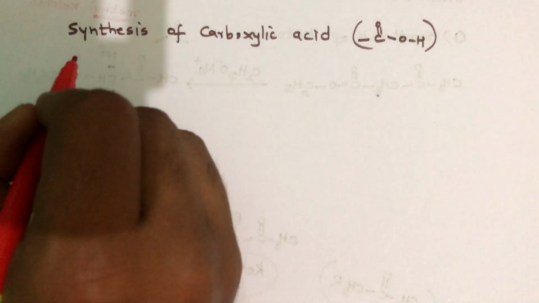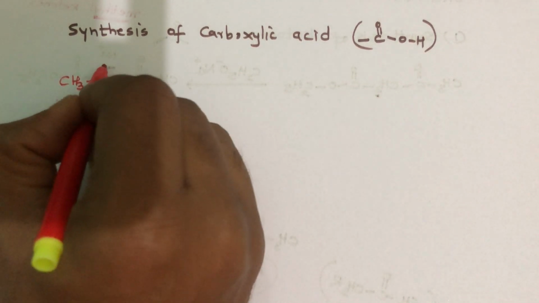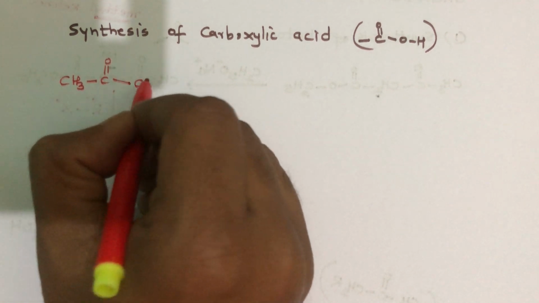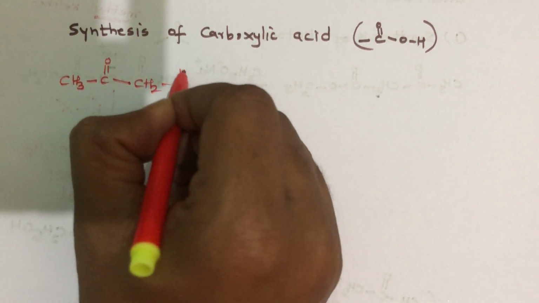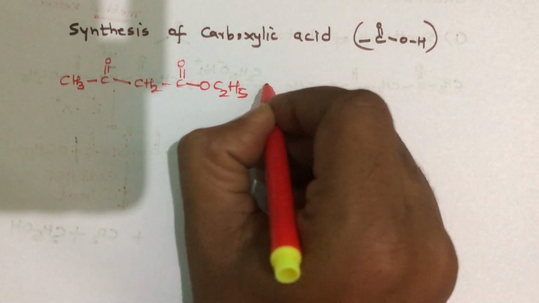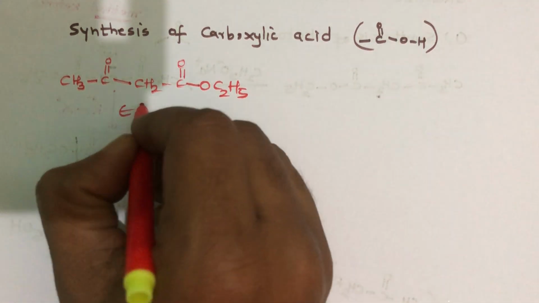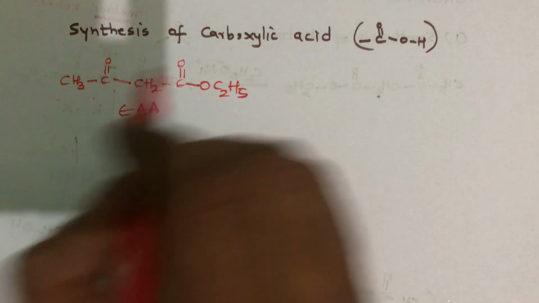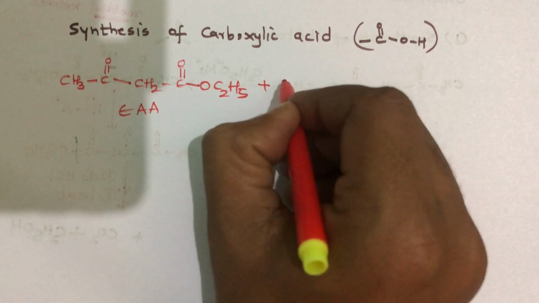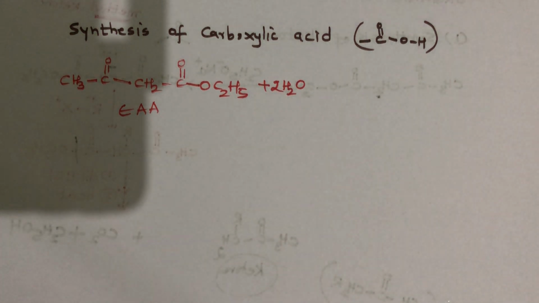Okay, simple acid hydrolysis will give you carboxylic acids. I'll just write ethyl acetoacetate: CH3, C double bond O, CH2, C double bond O, OC2H5. Okay, this is ethyl acetoacetate. Hydrolysis. 2 molecules of water will be used. You will come to know why 2 molecules.